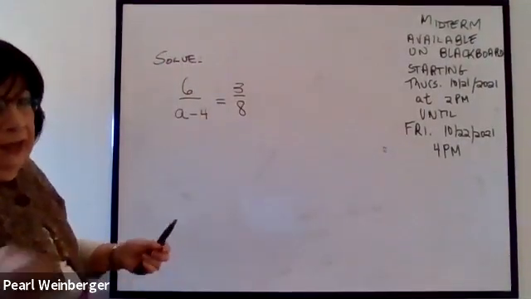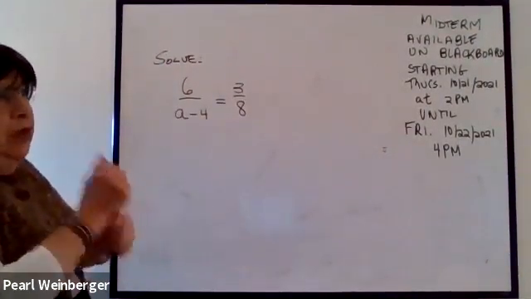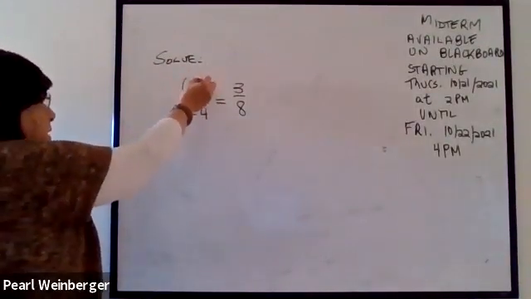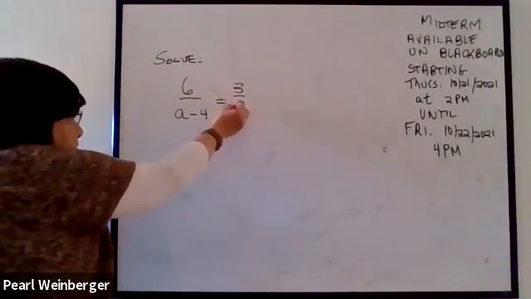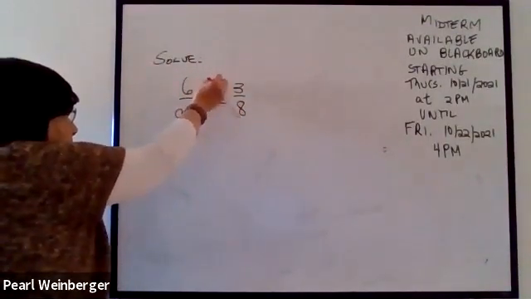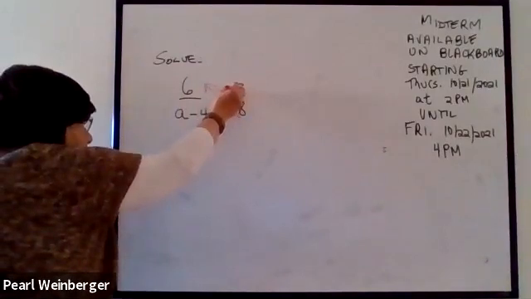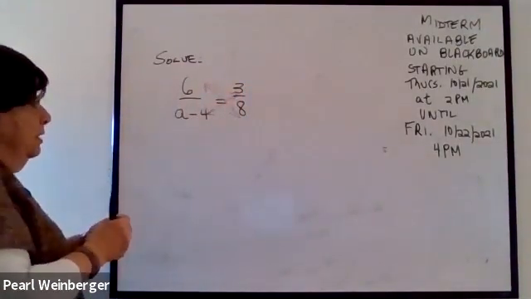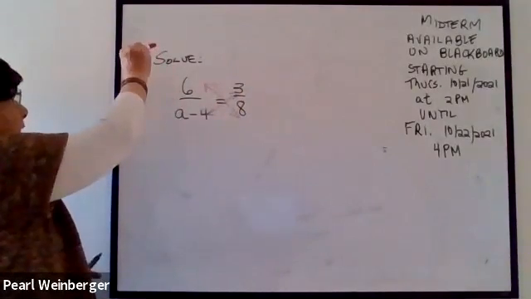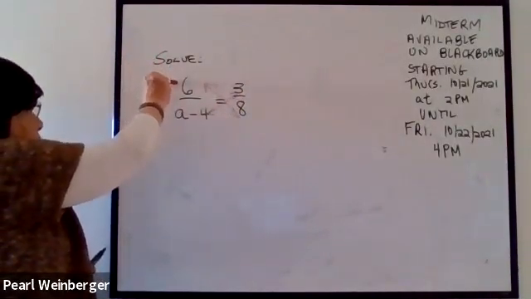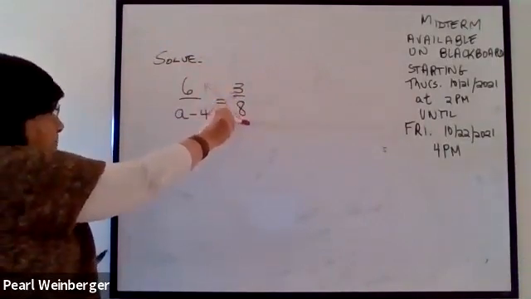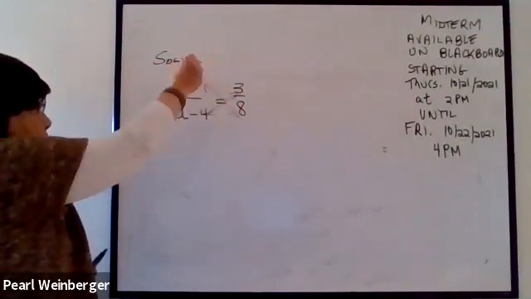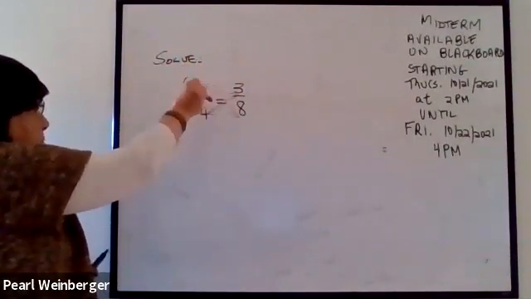When you have that situation, when you have a proportion, one of the ways to solve it is by the method that's called cross multiplication. What you're going to do is multiply each numerator with its opposite denominator. That's why it's called cross, because you're going across the equal sign.